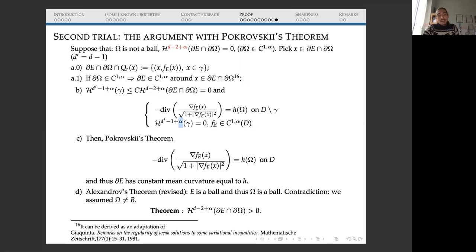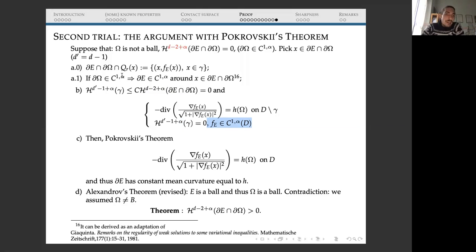So to get this condition, we need to go back to the point A1 and observe that if the boundary of the ambient space is regular, then you can transfer this regularity also to the boundary of E. So if the boundary of omega is C^{1,alpha}, then you need to prove that this implies that the boundary of E is C^{1,alpha}. You have at least to prove this, right?